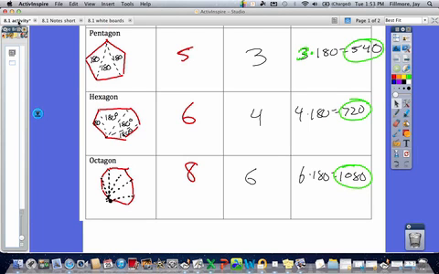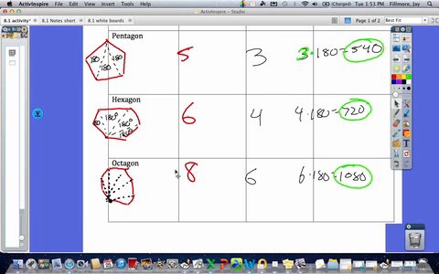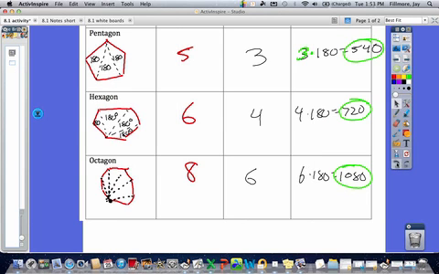We drew out a pentagon, a hexagon, and an octagon, and we divided each shape into several triangles. The pentagon with 5 sides, we formed 3 triangles. In a hexagon with 6 sides, we formed 4 triangles. And with an octagon with 8 sides, we formed 6 triangles. So 1, 2, 3, 4, 5, 6. Now, we know that each triangle has a measure of 180 degrees.